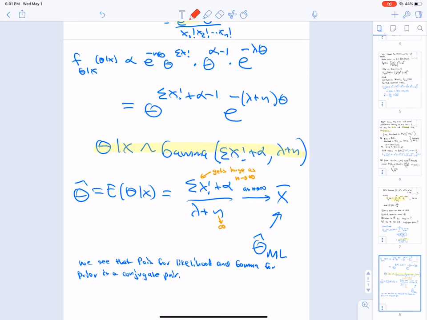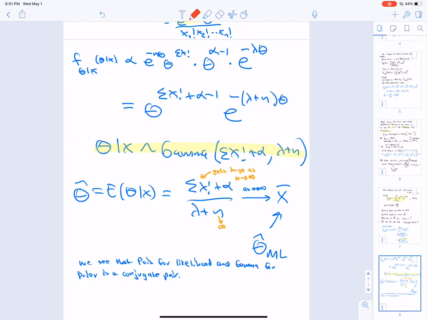Then the posterior mean will be the sum of the xi plus alpha over lambda plus n, because the expectation of a gamma is just the ratio of the two parameters.